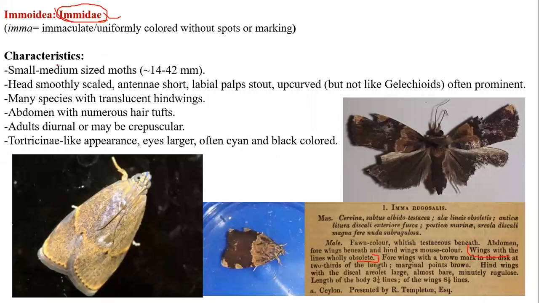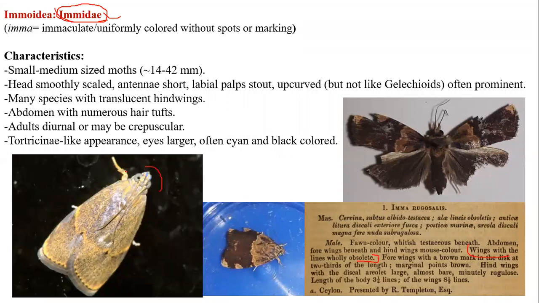Now, how to identify these family members? Well, they are usually small to medium-sized moths with approximately 14 to 42 millimeter wing size, and their heads are usually smoothly scaled. You are seeing here, and their labial palps are stout and upcurved.